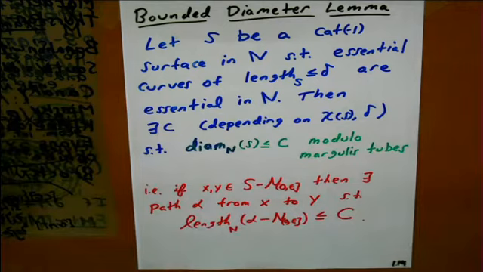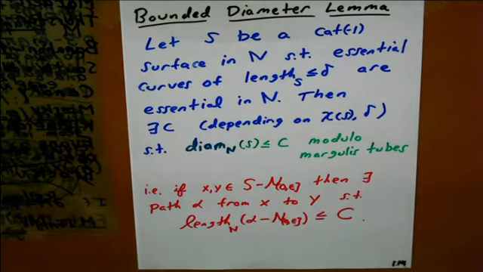Then by Gauss-Bonnet, its area is bounded above by 2 pi times the absolute value of its Euler characteristic. So since there's a lower bound on injectivity radius, the surface is covered by a uniform number of balls of some fixed radius.